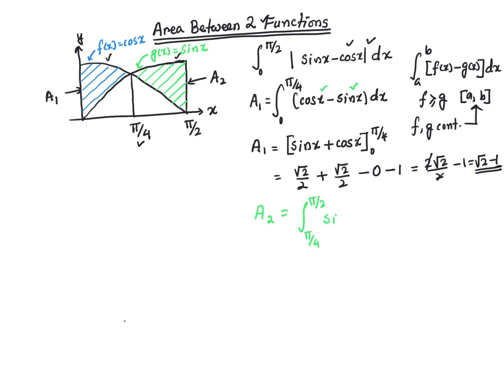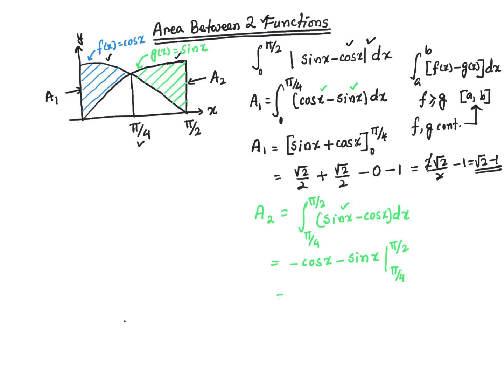So sine of x minus cosine of x dx. If I integrate it, it is going to be negative cosine of x, minus integral of cosine of x is sine of x, and I need to evaluate it from pi over 4 to pi over 2.